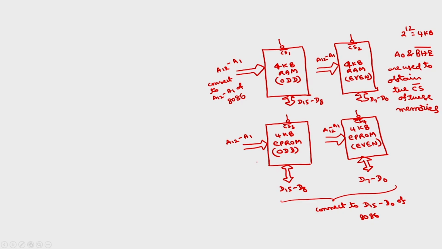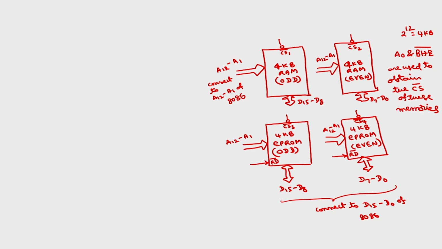And EPROM will be having only the read bar signal. This is also having the read bar signal. You connect this to the read bar signal of 8086.